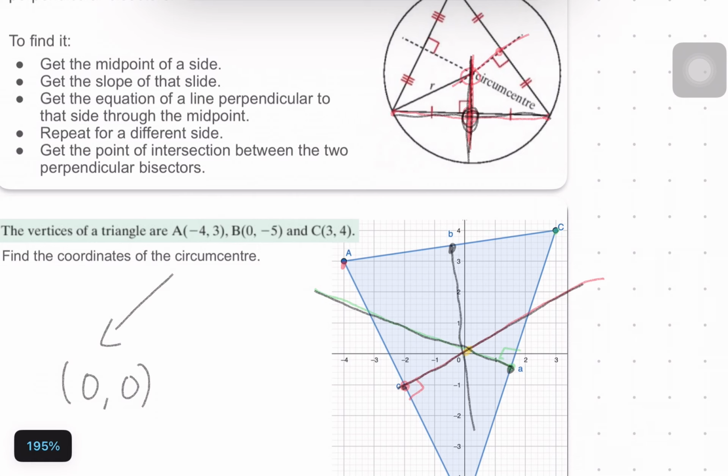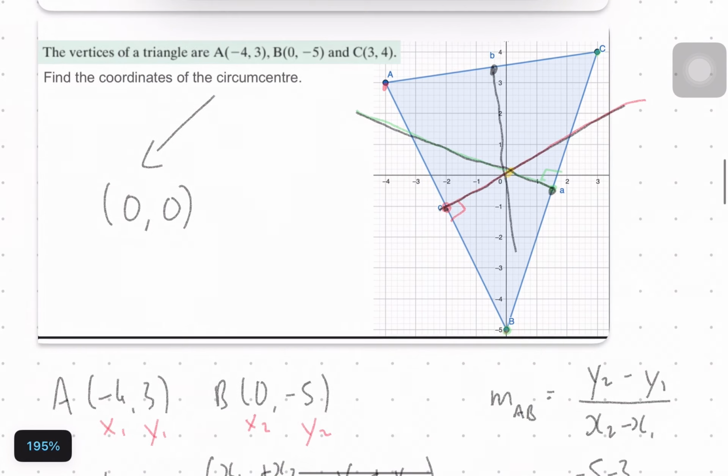Do that once. Do it twice. Once you have the equations of two bisectors, solve them simultaneously, and you will get the circumcenter of the triangle. And in this case, it was 0, 0.